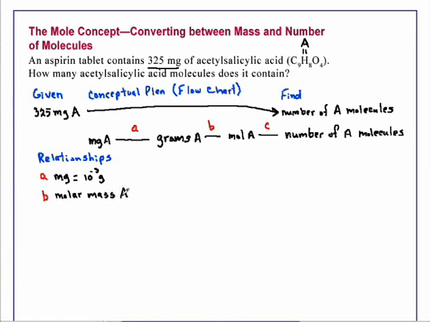of the acetyl salicylic acid, C9H8O4, which is calculated by summing the molar atomic masses that we get from the periodic table. We have 9 carbons, and so we're going to multiply the molar mass of carbon, 12.01.